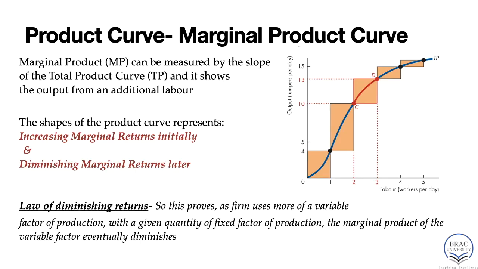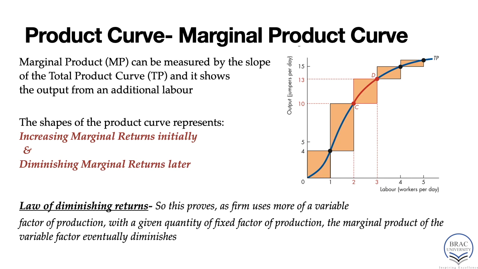The reason is that all the gains from productivity have been exhausted. Or to put it more simply, the factory now has enough workers to utilize all its machines or fixed resources fully. And so one can say there are times the third worker has nothing much to do and is basically just sitting idle. So we can now say adding more and more workers will increase total output, but marginal output, which is the output per additional worker, will keep on falling.